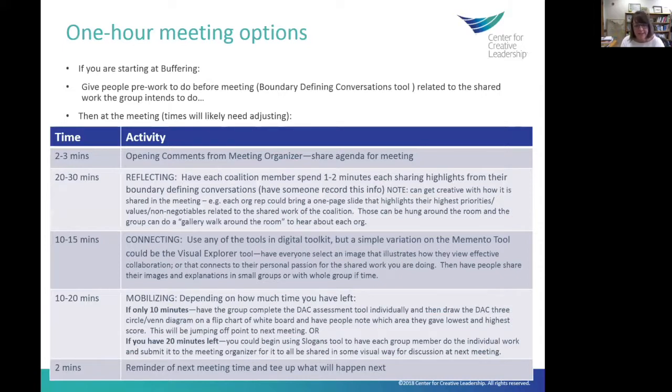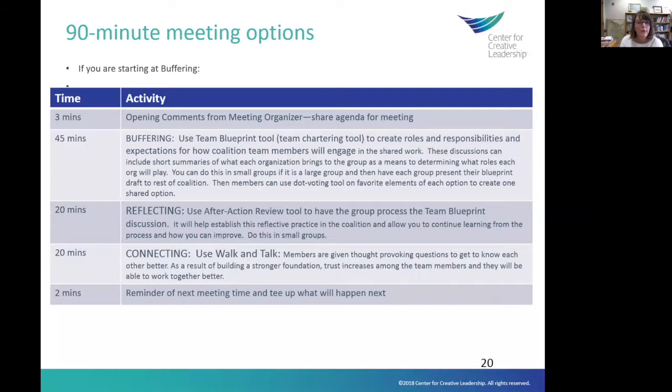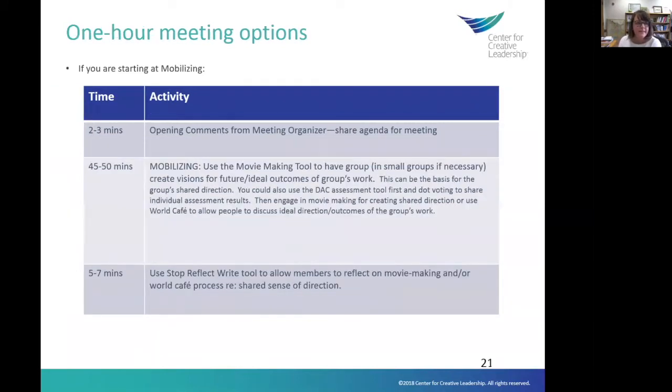This is something you can take and tailor to your specific needs, and it's already there for you, already pulling out some of the key activities that are included in the toolkit. We've also provided a 90-minute option if you have a little bit more time and you're at the buffering stage. Same with mobilizing, a 1-hour meeting option.